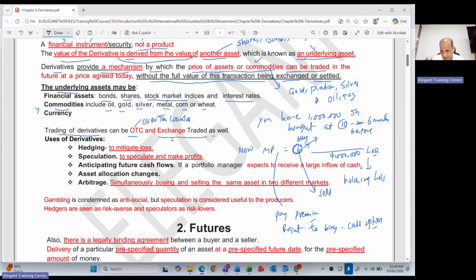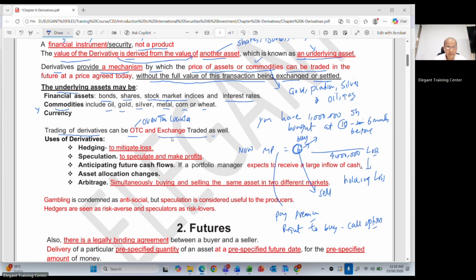We say OTC. If we go to some exchange, let's say Dubai Gold and Commodity Exchange or London Metal Exchange, for example, that's called exchange traded. So derivatives can be traded in the exchanges. Also, it can be traded between known counterparties.